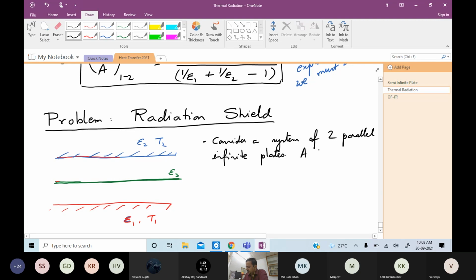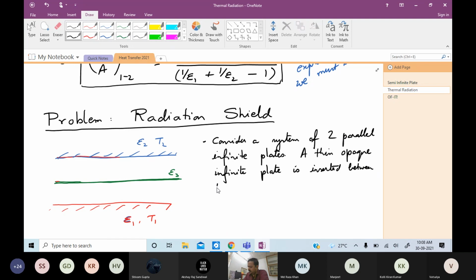A thin, opaque, important, infinite plate is inserted between A1 and A2, with emissivity epsilon 3 on both surfaces.